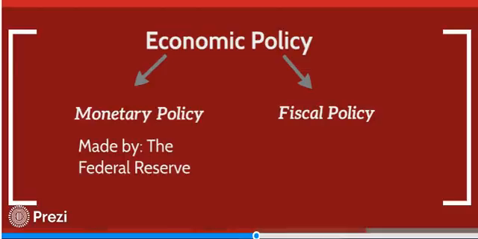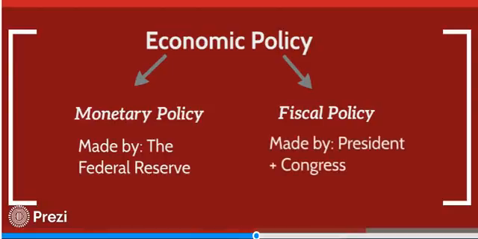And I will refer to this from here on out as the Fed, not the Feds, plural, but the Fed, singular, meaning the Federal Reserve. And fiscal policy is made by the President and Congress. So these 2 organizations have 2 completely different ways of trying to fix the economy. Now, the overall goal for both of them is to fix the problems that we have in our economy, but they take 2 different paths to the same destination.